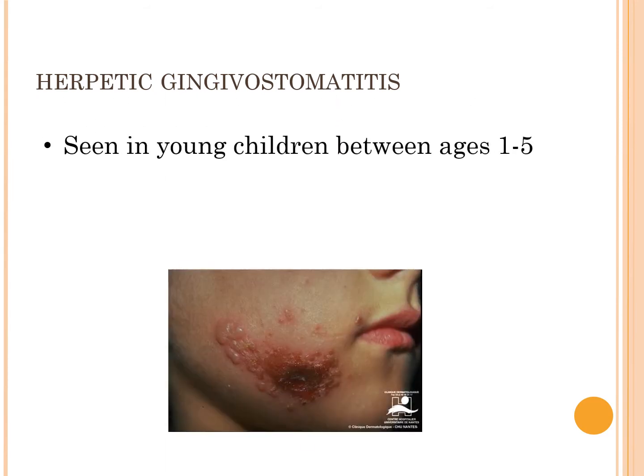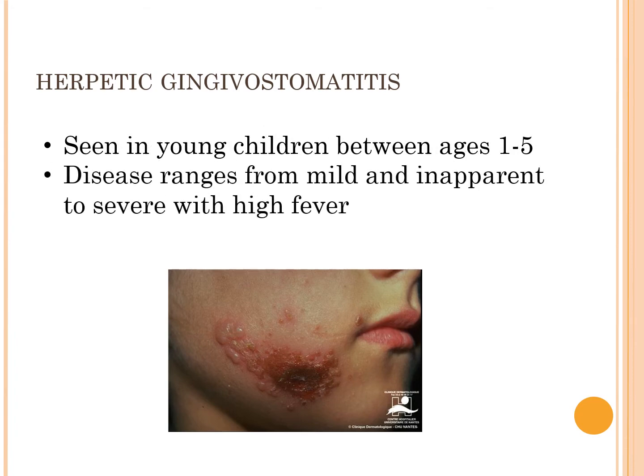Herpetic gingivostomatitis is the first episode or primary infection with herpes simplex virus type 1. It is seen in young children between the ages of 1 and 5, and the disease ranges from a mild and inapparent infection to a severe one with high fever.